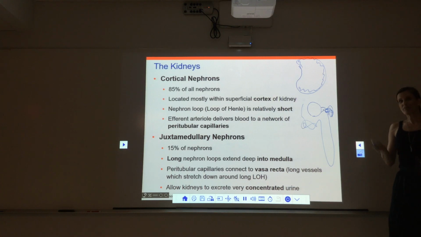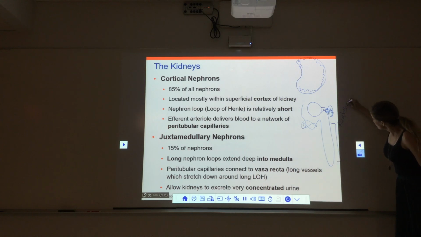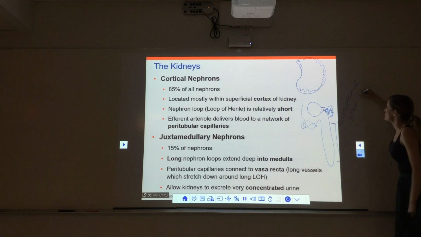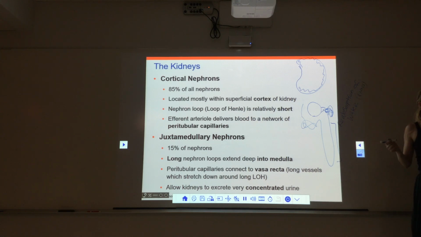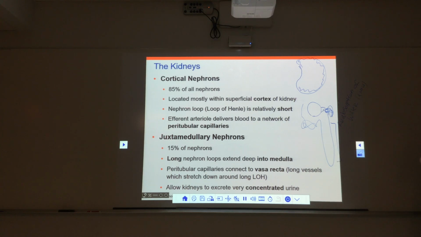We haven't gone through them yet, but I will tell you right now that the loop of Henle, this nephron loop, is extremely important for the reabsorption of water, okay, and sodium chloride. But remember, water follows the salt, right? So this loop is incredibly important for reabsorbing water.